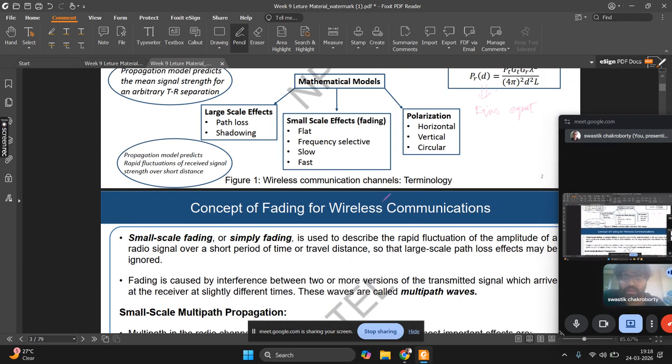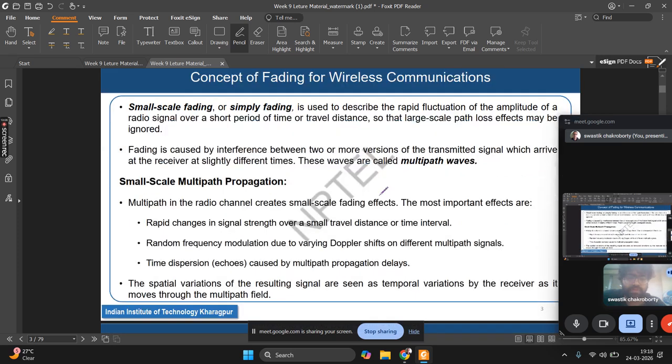So small scale fading, or fading, is used to describe the rapid fluctuation of the amplitude of a radio signal over a short period of time or travel distance, so that large scale path loss effects may be ignored. If it is going for kilometers, of course there will be a path loss due to which power will be reduced.